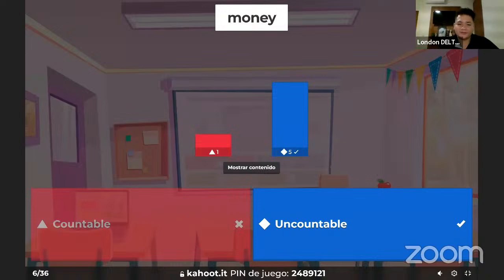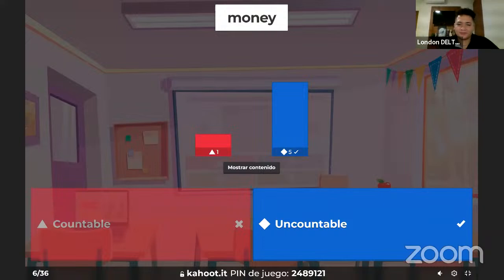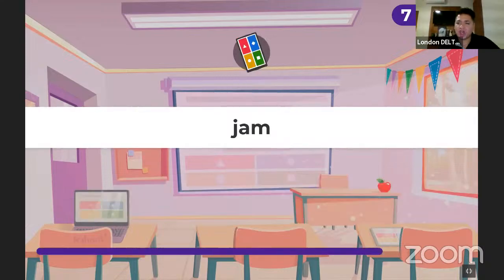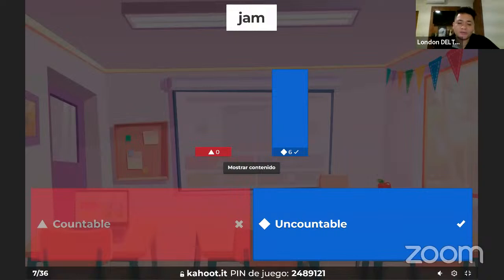Very well. Money. Muy bien, recuerden, el dinero es un concepto. Very well. No se puede contabilizar. Jam es la mermelada. También se puede decir marmalade. Es como británico, jam es americano. Marmalade or jam. It's uncountable. Very well.